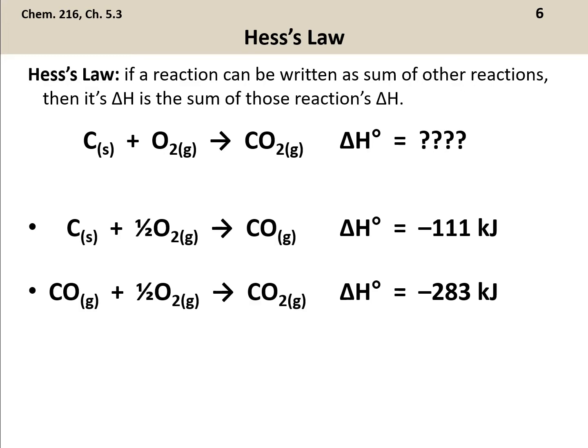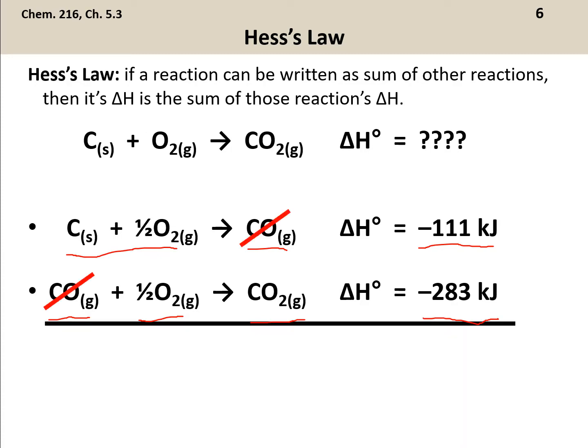Well, if I were given these two reactions, carbon plus half O2 going to CO, and I figured out its delta H, and then I knew that CO plus half O2 goes to CO2, and I knew its delta H, well, what happens if I add them up? Right? Notice I'd have carbon, and there's no carbon anywhere else. But here, CO is a product, and here it's a reactant.